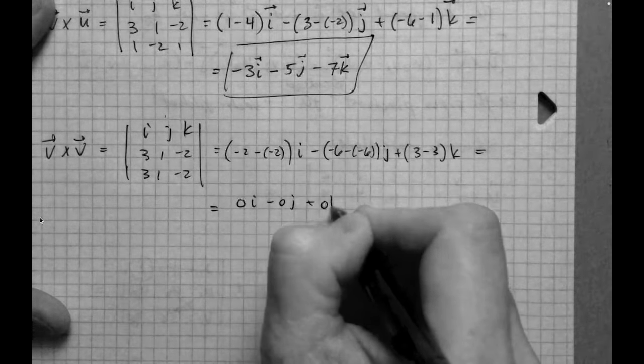So u cross the sum of two vectors, v plus w, this is the vector sum of v plus w. Well, this is equal to the cross product of u with v plus the cross product of u with w, right? So it's distributive. This is the distributive property.